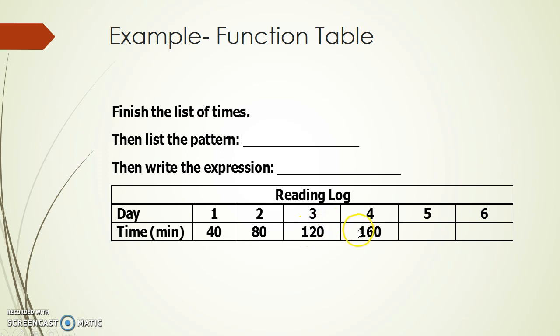And you continue to check that and fill it in. So you would do 40 times 5, and you would write your answer right down here, 200. Then you would do 40 times 6, and that would give you 240. Your pattern would be to multiply time by 2.